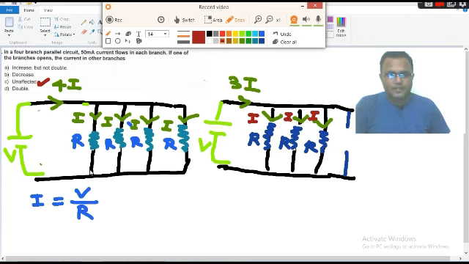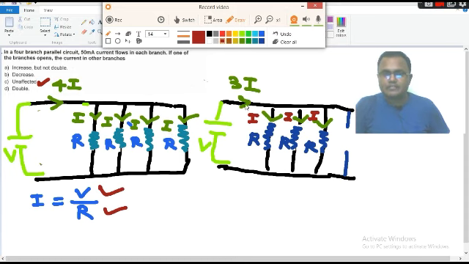Suppose I remove one of the branches, I open this one. The remaining 3 branches have equal resistance and the same voltage. I is equal to V by R, as the voltage is the same and the resistance is also the same. So finally the current in each branch is the same as the previous one, which is 50 milliampere.